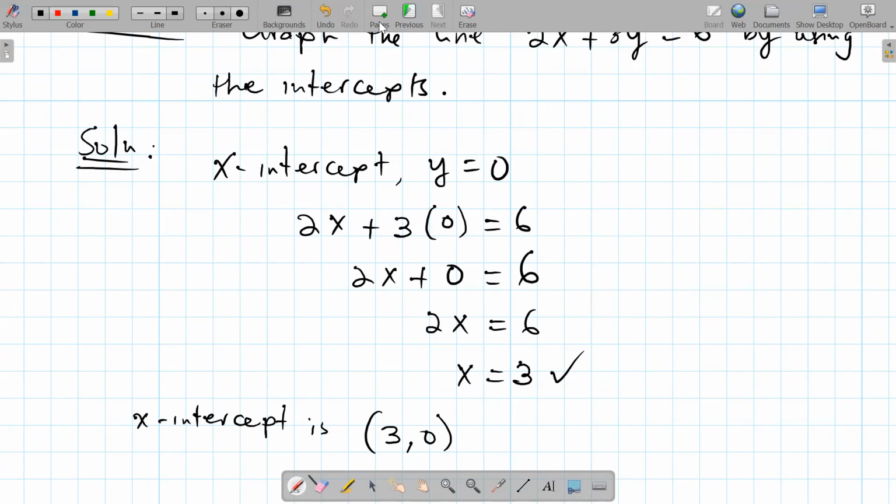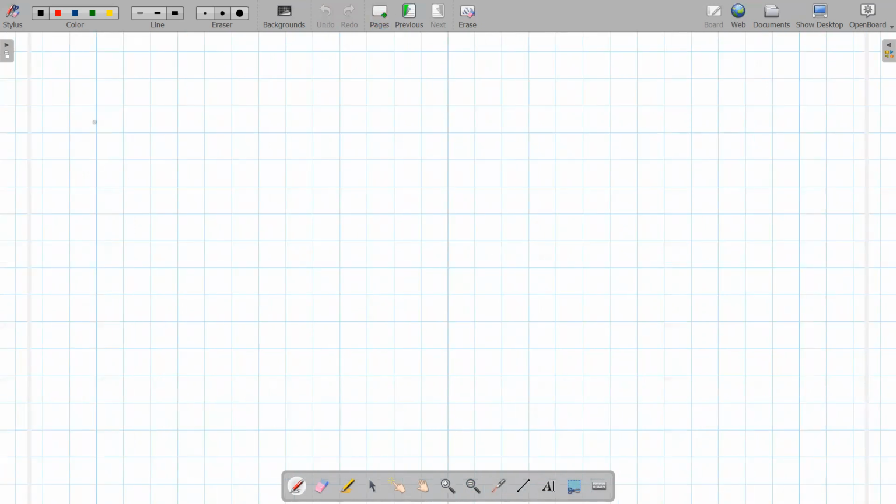Let's look at the y-intercept. We set x equals 0. Remember, we're using 2x plus 3y equals 6.